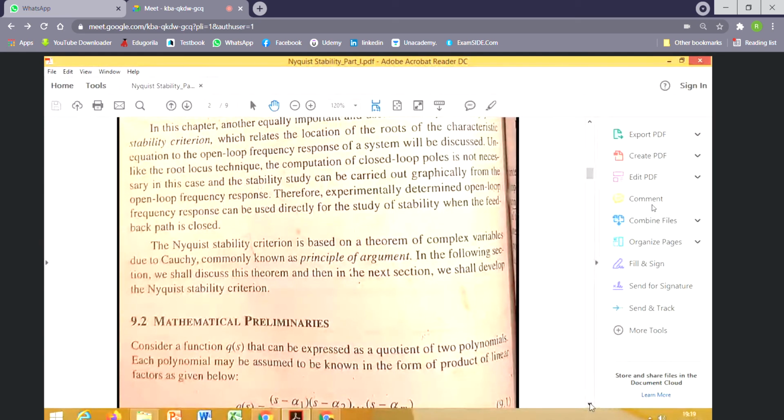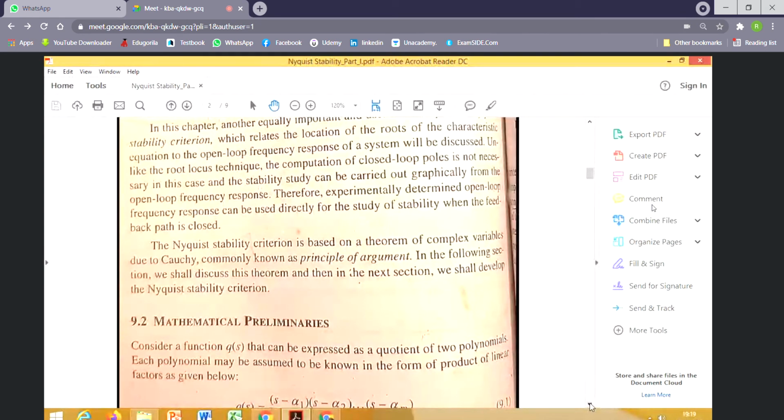And open loop frequency response. Just think about that particular experiment, identification of linear systems using the frequency response method. Can you recall the experiment? Yes, ma'am.